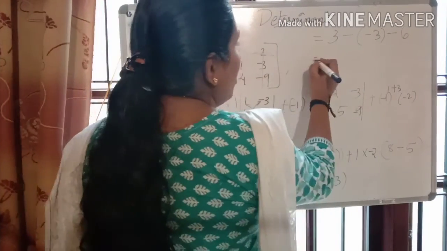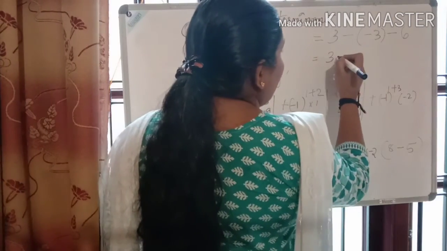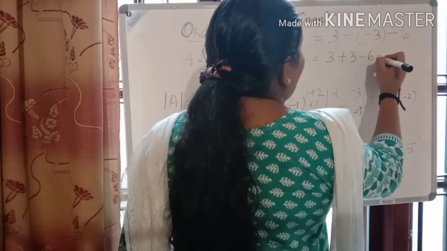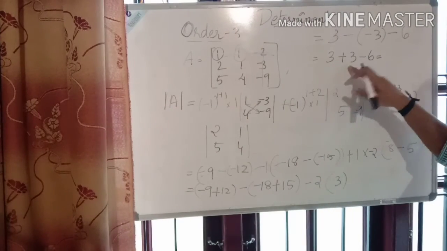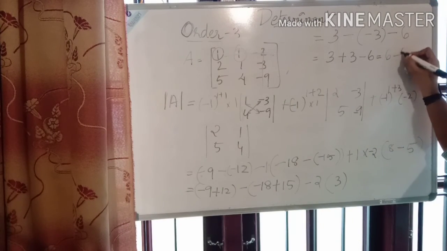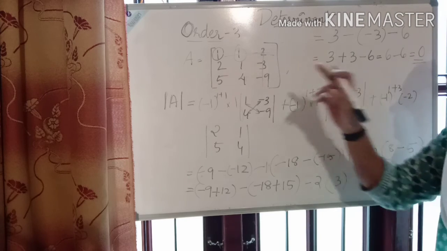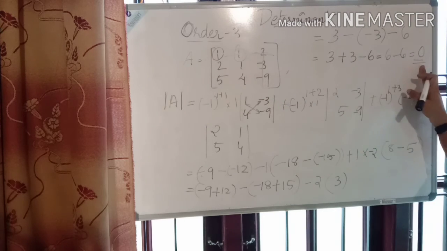That will be equal to 3 minus into minus plus 3 minus 6, which equals 3 plus 3, that is 6 minus 6, which equals 0. The determinant of the matrix A is 0.